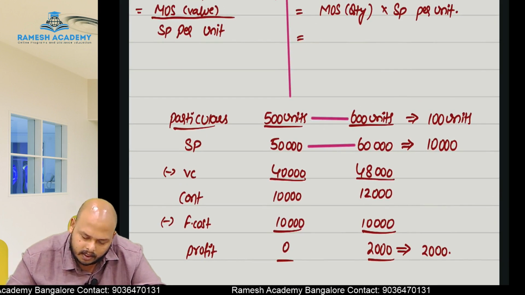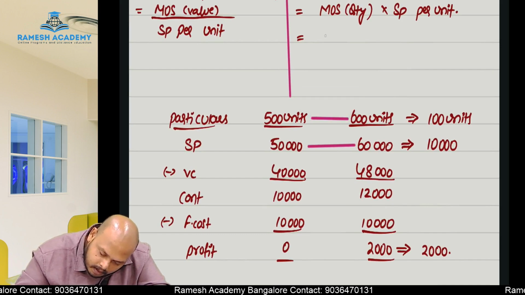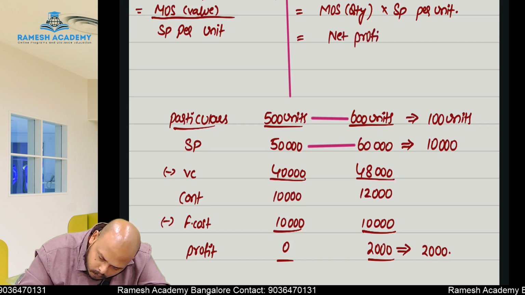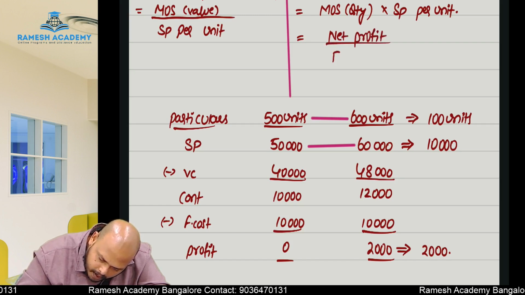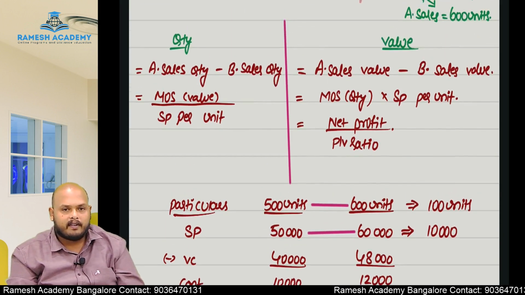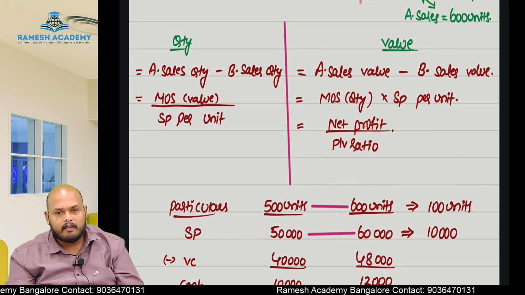So the formula we can write is net profit divided by PV ratio. This is the formula for margin of safety value.